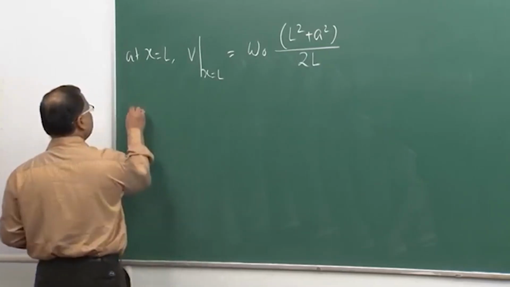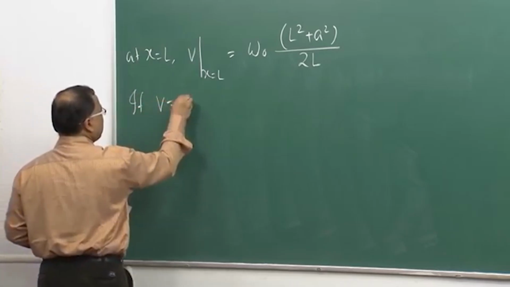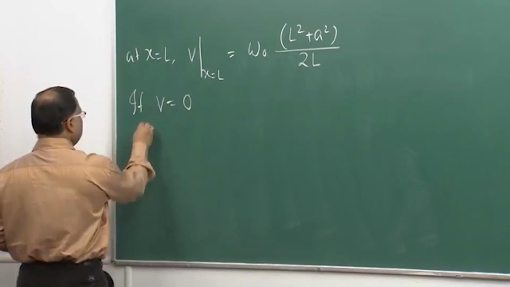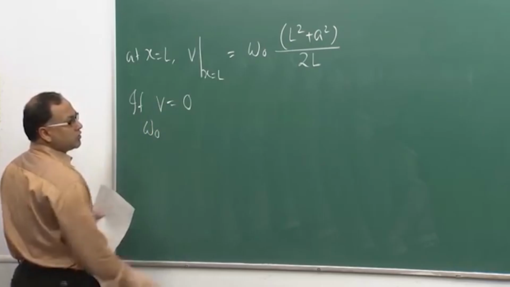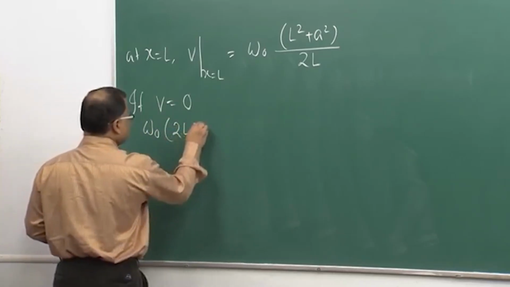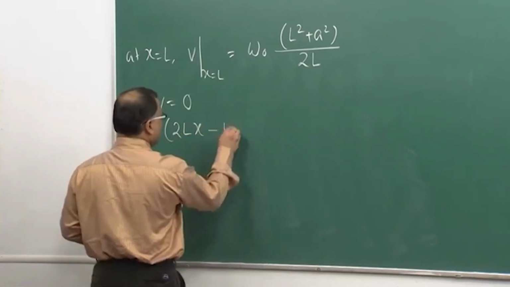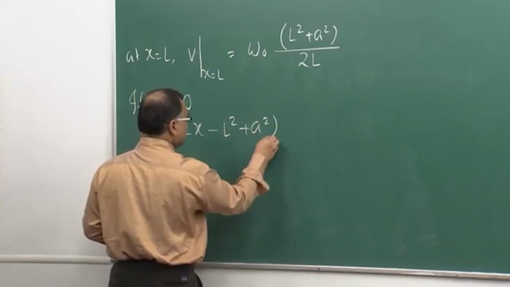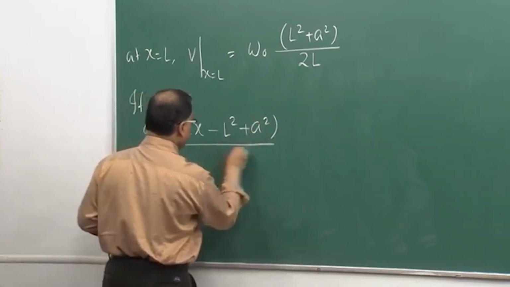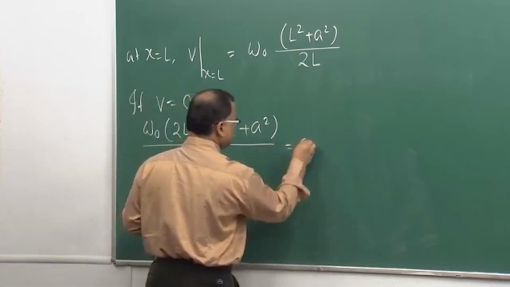So, if V is 0, then I can get W naught (2Lx minus L square plus A square) by twice L equal to 0.